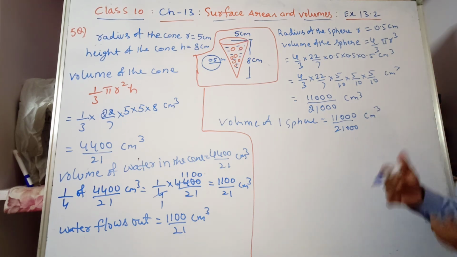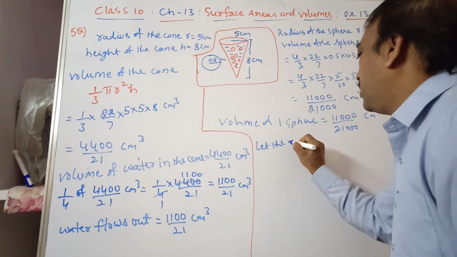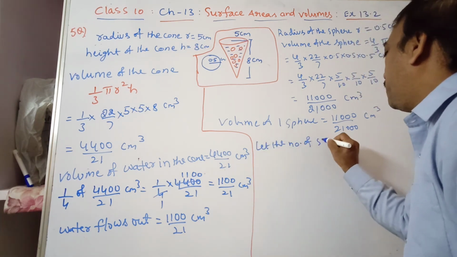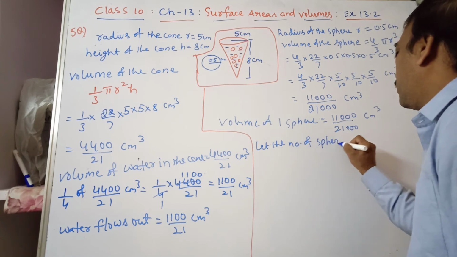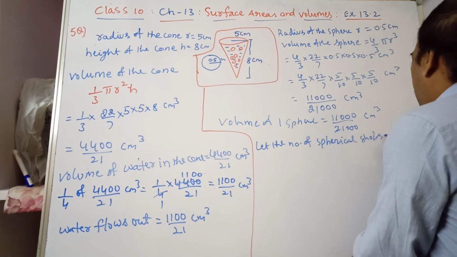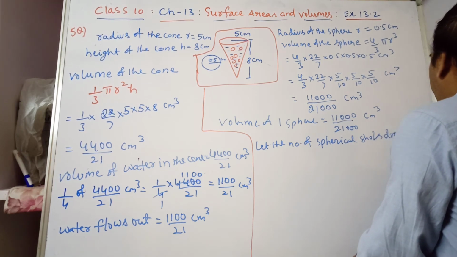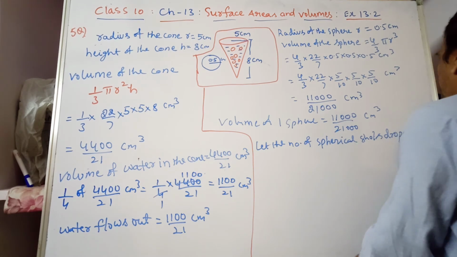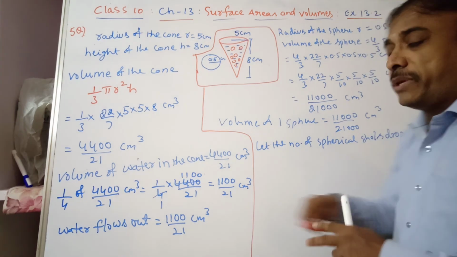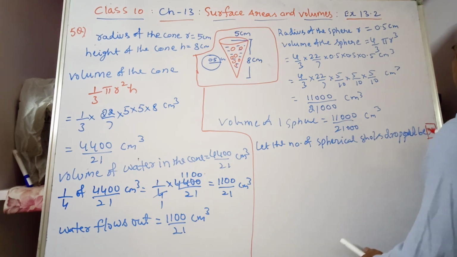How many balls they dropped? That we don't know. Let the number of spherical shots dropped be x. We are assuming the number of spherical shots dropped in it is x.